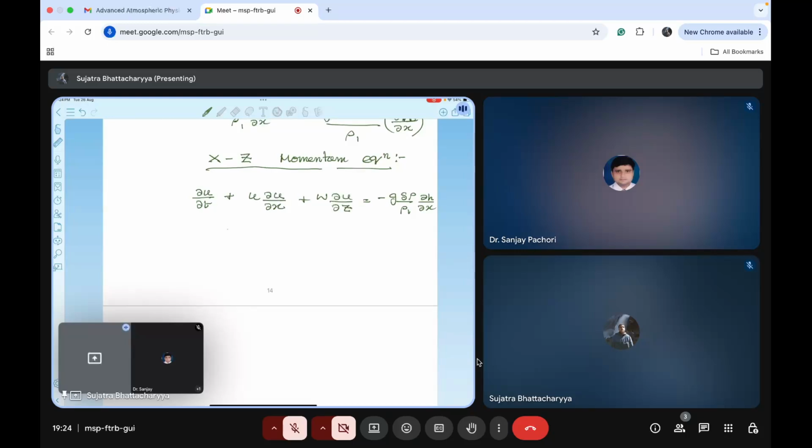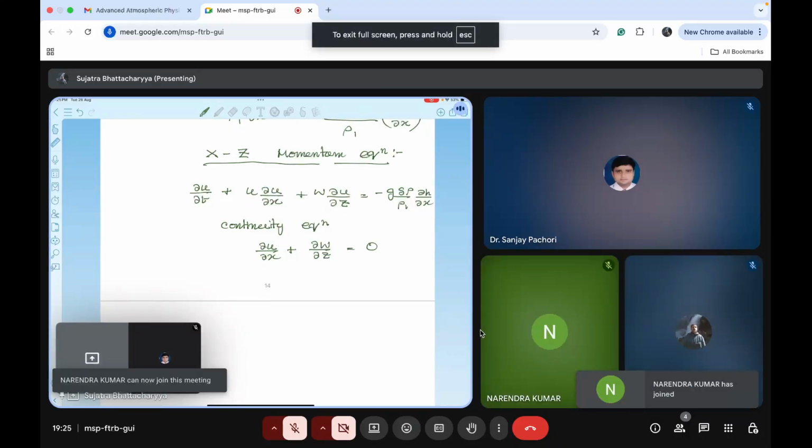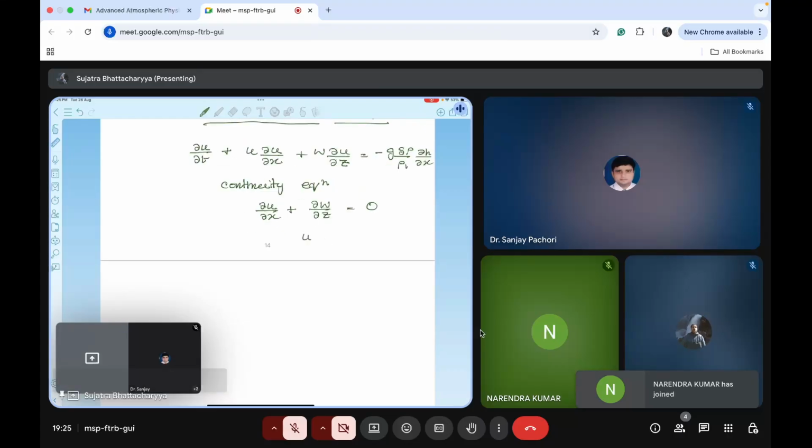Let's see the mass conservation or continuity equation. What will it give? It will give delta U delta X plus delta W delta Z is equal to 0. Also, U is assumed not to be a function of z.